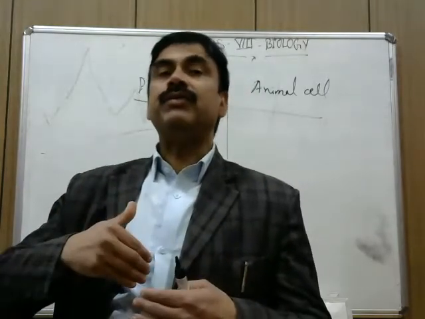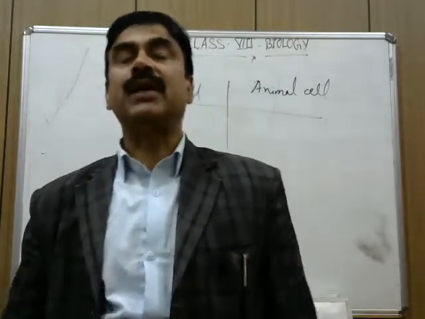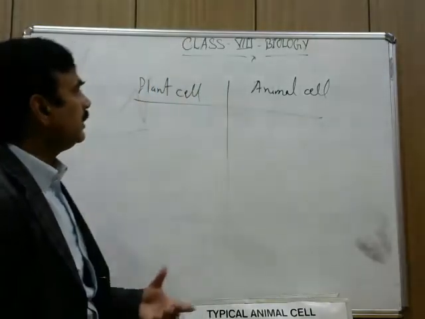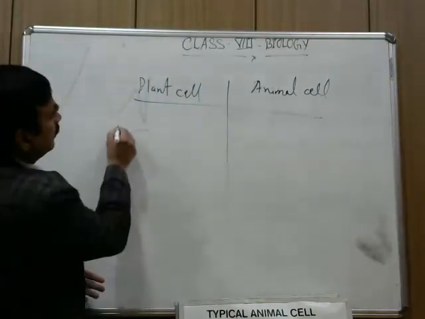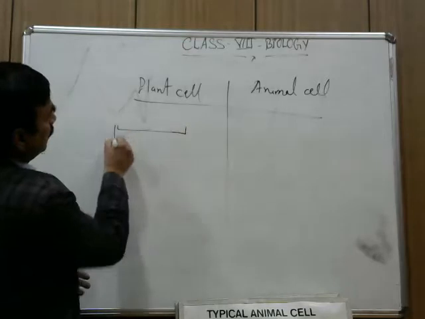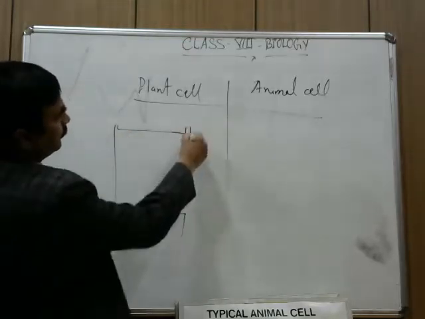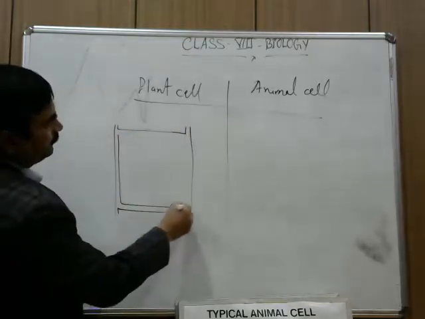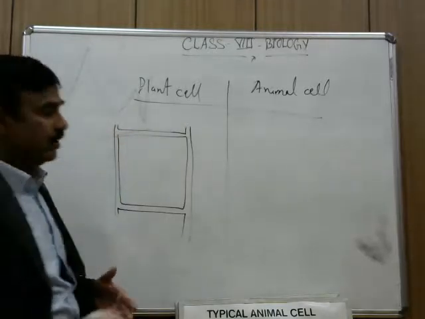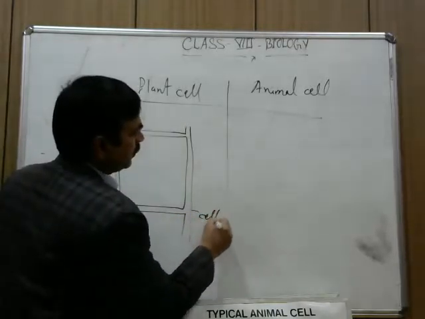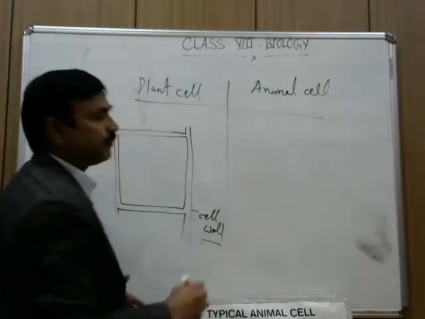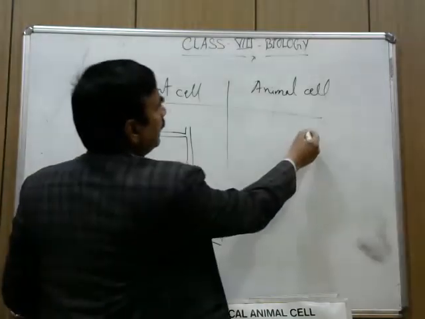When we are going for the differences between plant cell and animal cell, the first thing you have noticed is that the plant cell has a cell wall, but there is no cell wall in the animal cell.